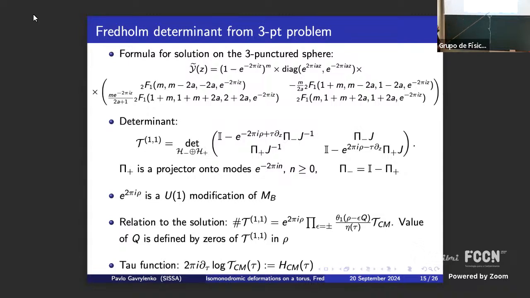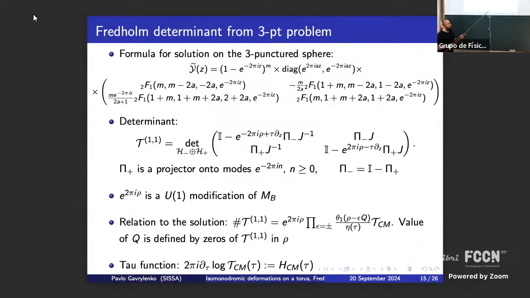So there is this extra parameter, and if we compute this Fredholm determinant, it turns out that it has the following form. It is a product of some theta one of rho minus, in our case, minus and plus q, times some function of star.